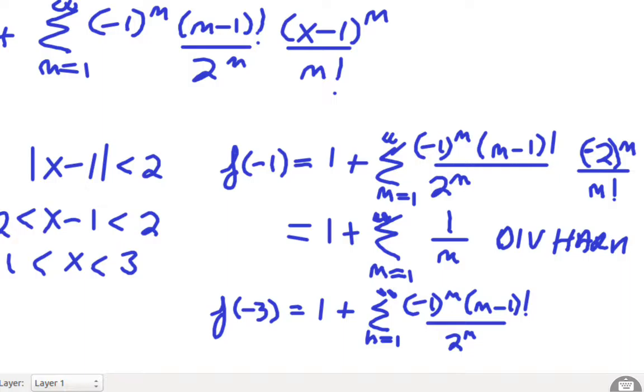But now if I plug in 3, I get 3 minus 1 is 2, and 2 to the n over n factorial. And so now what happens? Well, the 2 to the n and the 2 to the n cancel, and I still have the negative 1 to the n. And n minus 1 factorial over n factorial is just 1 over n, because it's like 4 factorial over 5 factorial is 1 over 5.